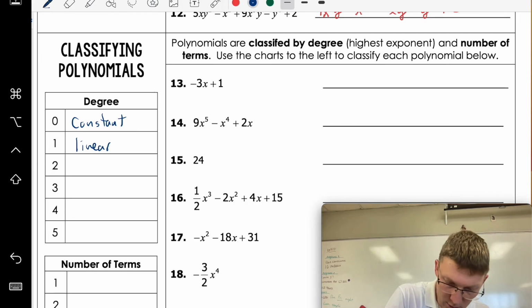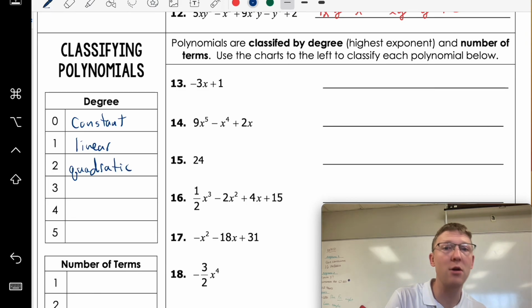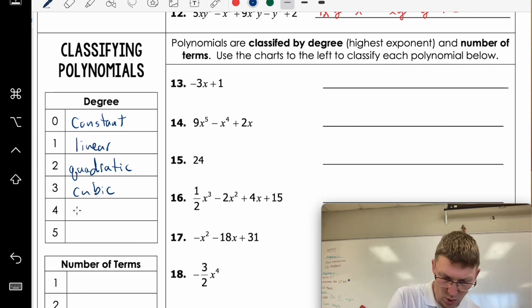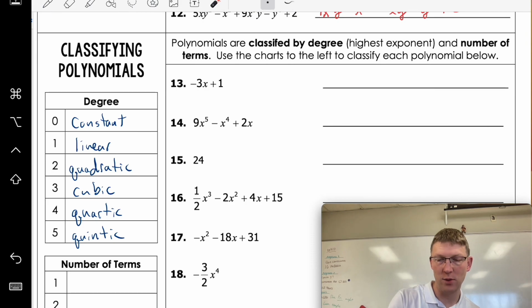A second degree polynomial is a quadratic. You should be very familiar with quadratics. After that, it's a cubic, quartic, and quintic. If you can guess, the ones that I'm going to care about are going to be these 3, maybe a little of that one.